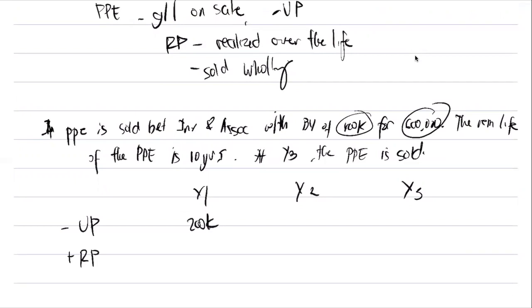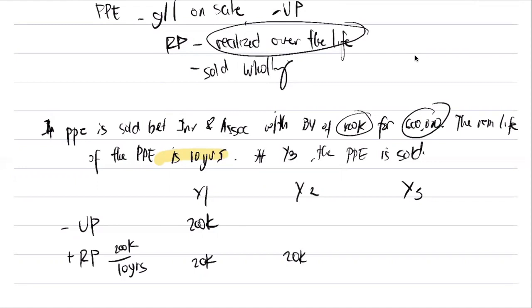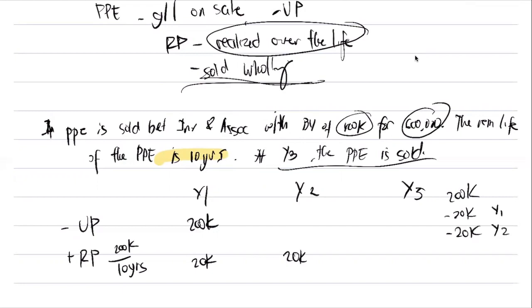And we said we will realize it over the life. So what is the remaining life? 10 years. So ang gagawin natin, yung 200,000, i-divide natin ng 10 years. So may realize tayo dito na 20,000, year 2, 20,000 din uli. Tapos once daw nabenta siya, huli na. So 'di ba on year 3, sabi diyan nabenta. Kung 200,000 yan initially, naka-realize na tayo ng 20, naka-realize ulit tayo ng 20 on year 1 and year 2.